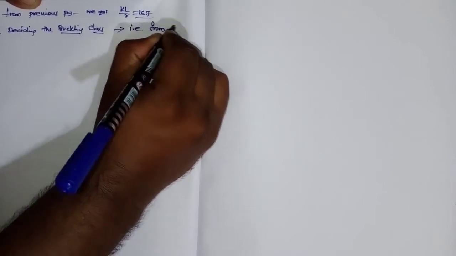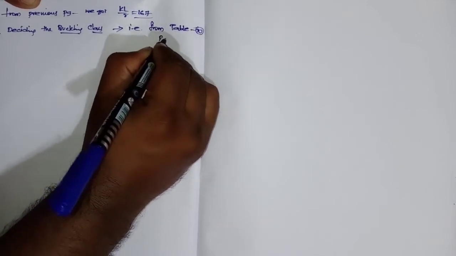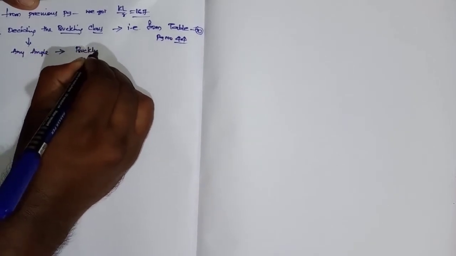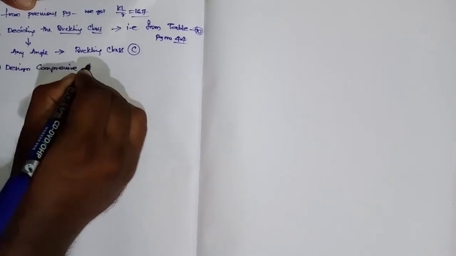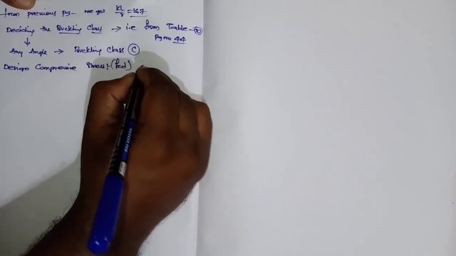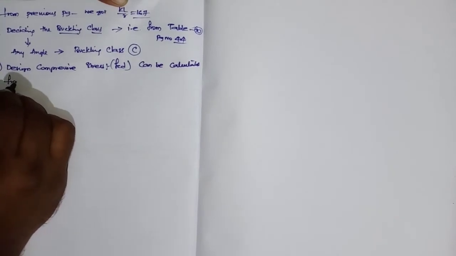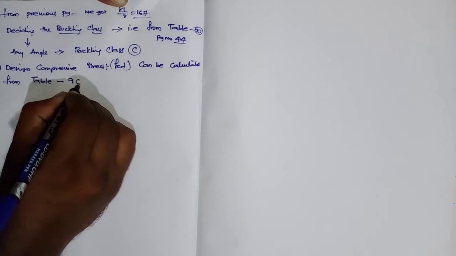Now, deciding the buckling class, from table 10, page number 44, any angle section comes under buckling class C. So the design compressive stress FCD can be calculated from table number 9C.